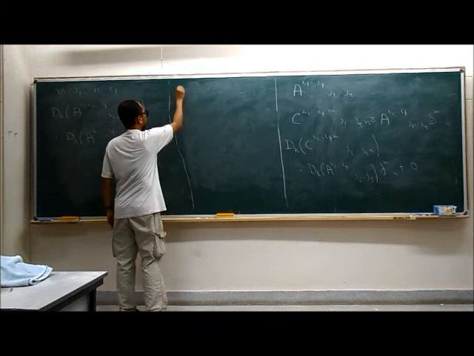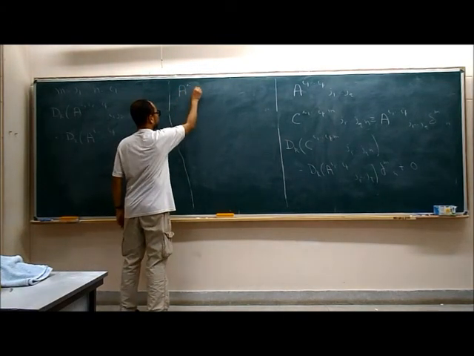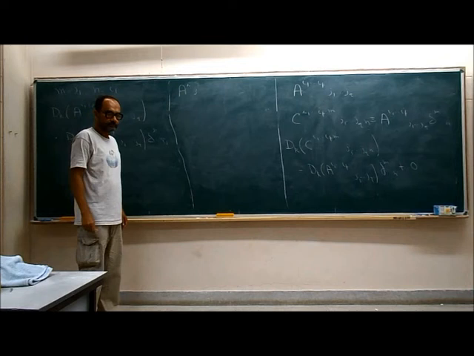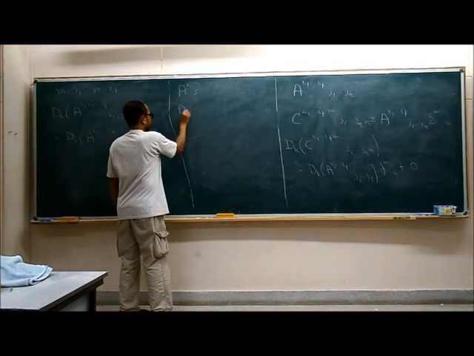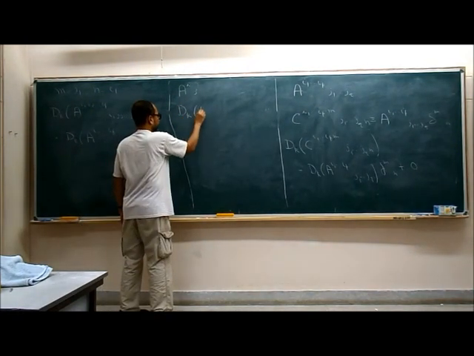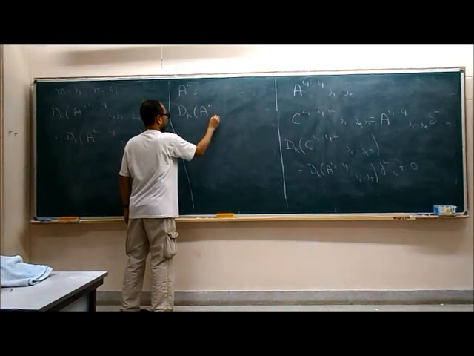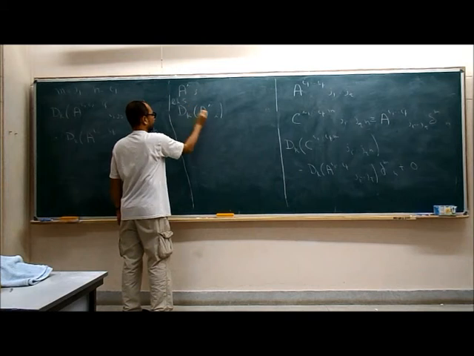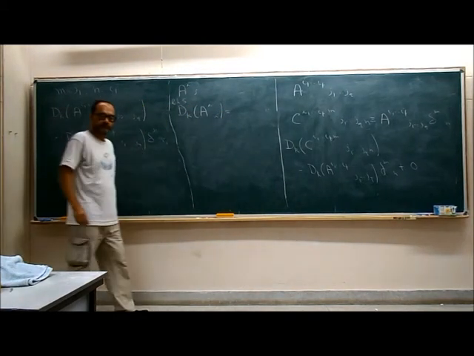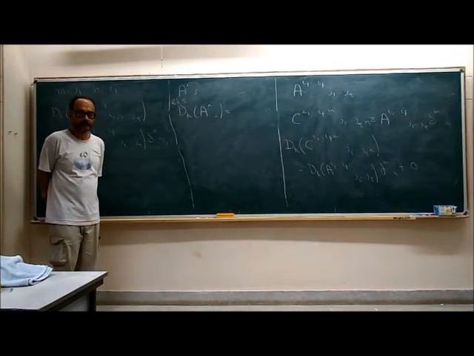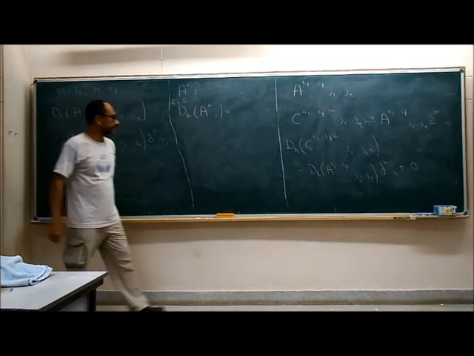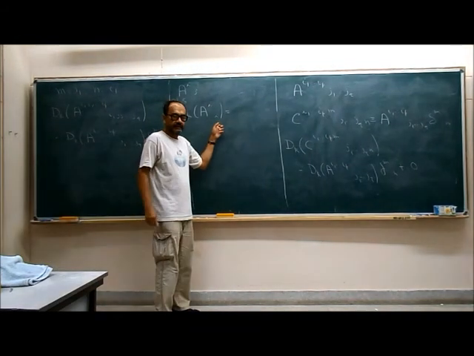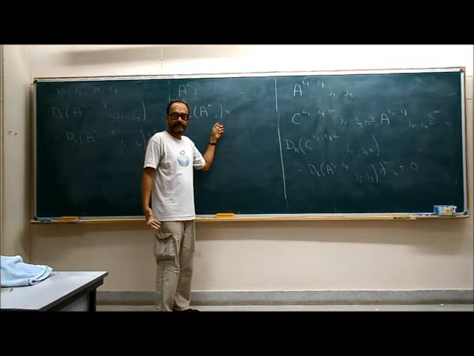So consider this tensor Aij. Left hand side will be dk of Aii. AII is a scalar, so this is an ordinary derivative, no gamma factors.